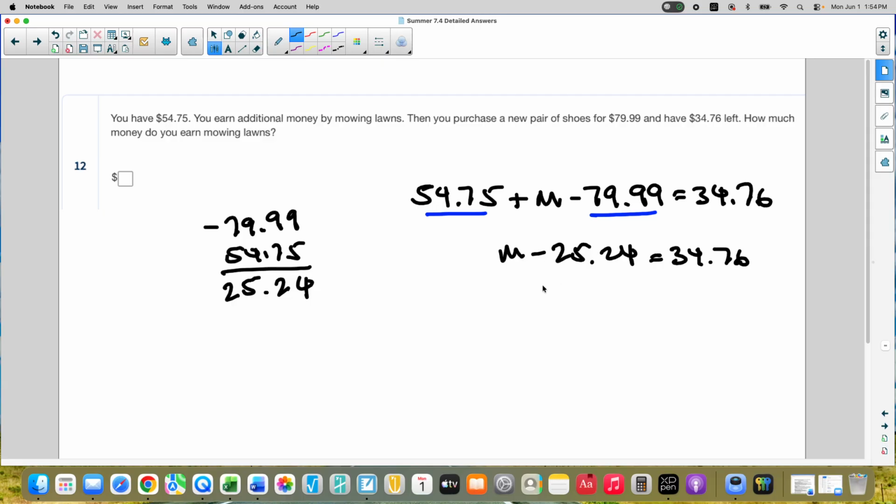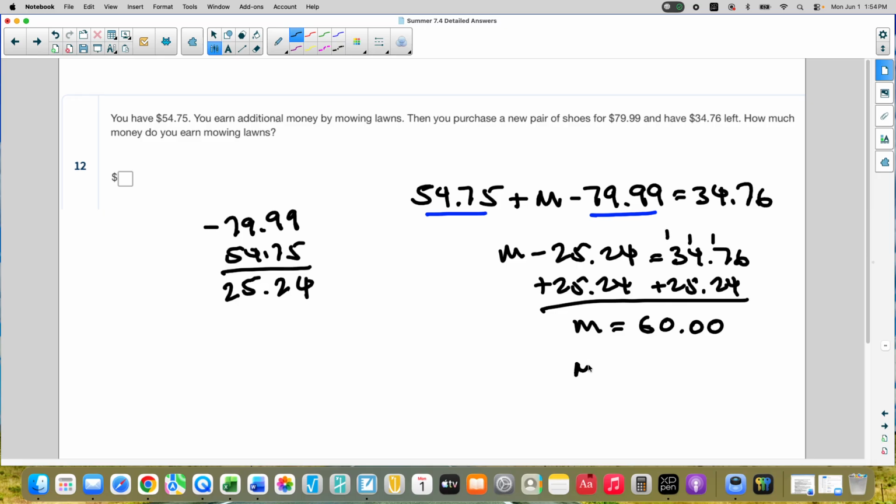It's being subtracted, so the inverse is adding 25.24, and my mowing money is going to be 0 carry 0 carry 0 carry $60. I made $60 mowing lawns.